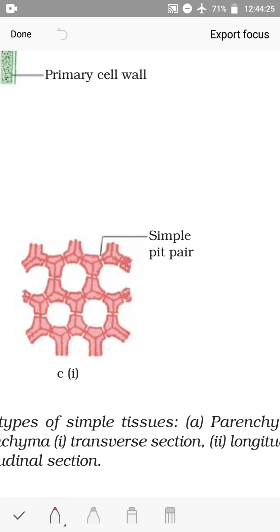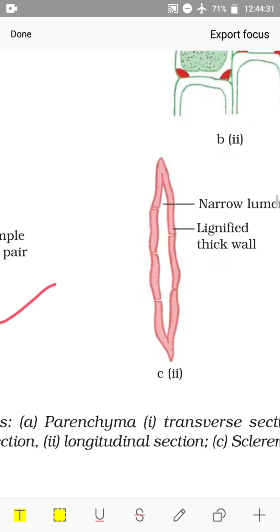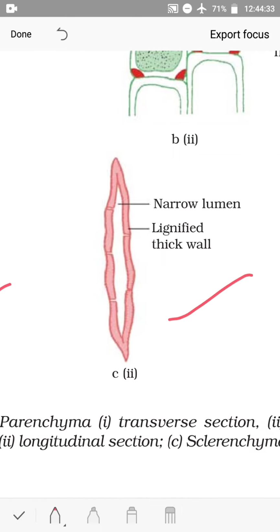So let us see the cells of this tissue. This is cross section and this is longitudinal section. They have lignified thick walls and also a narrow lumen.